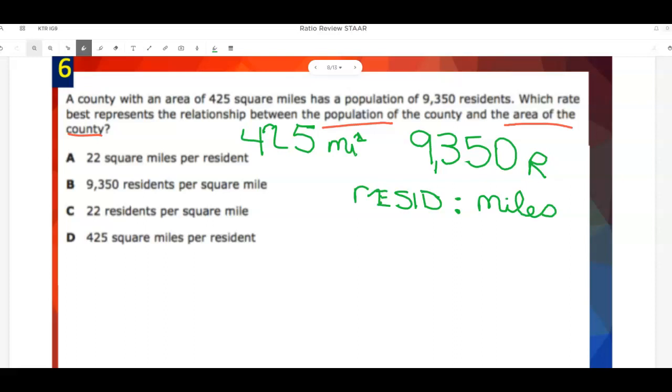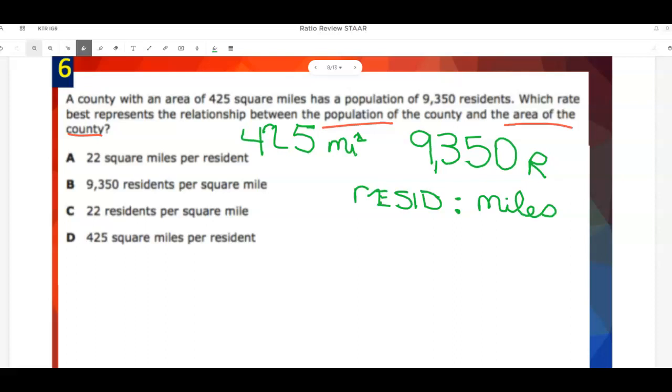D? Why D? You said P. So B is in boy or D is in dog? B is in boy. 9,350 residents per 1 mile. Putting 9,000 people in 1 mile. Is that what we're going to do? No, we've got 9,350 people in 400 miles.